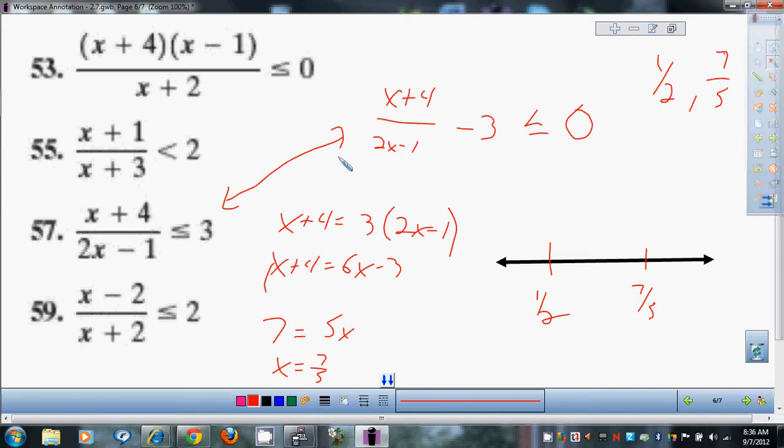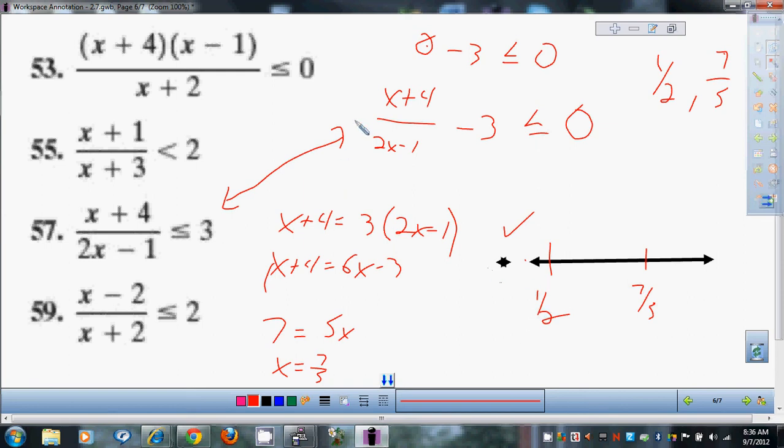What's the easiest one to check? 0, which would be here. Alright, plugging in 0. That gives me 0 minus 3 is less than or equal to 0. Is that a true statement? Yes.